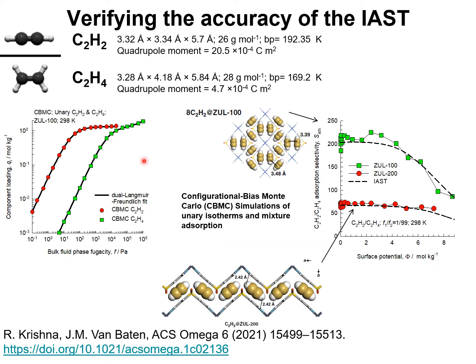Before proceeding with the use of the IAST for the calculation of the various metrics that are used for screening and evaluation purposes, it is important to establish the accuracy and reliability of the IAST.